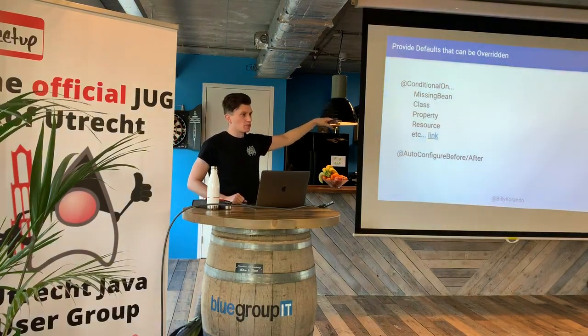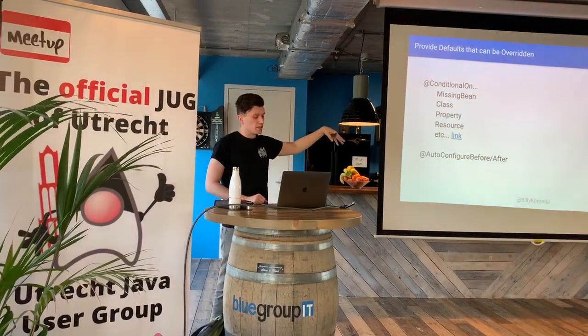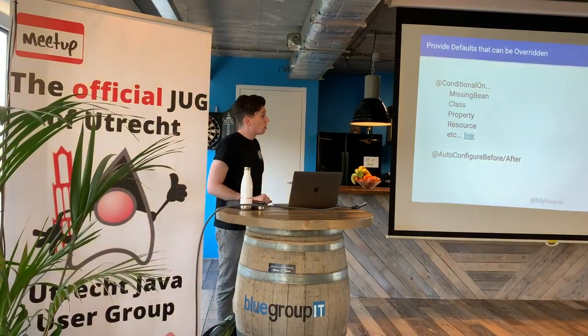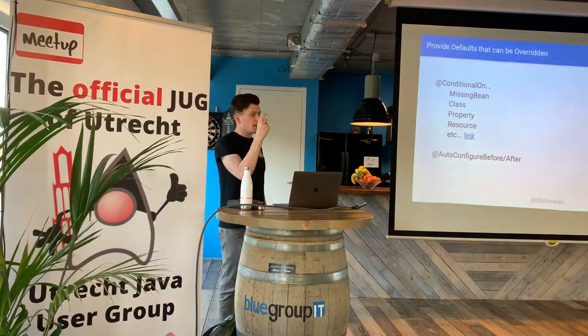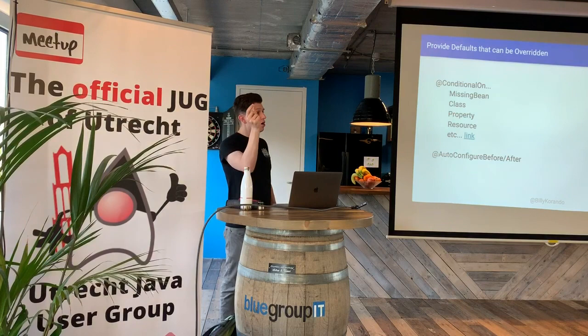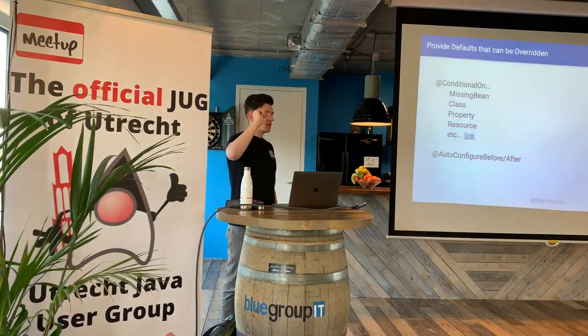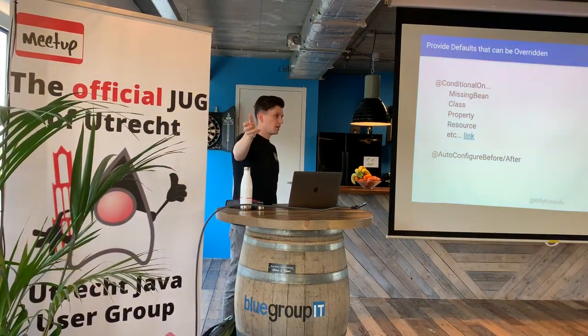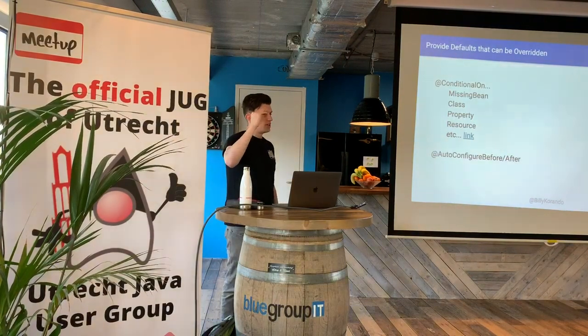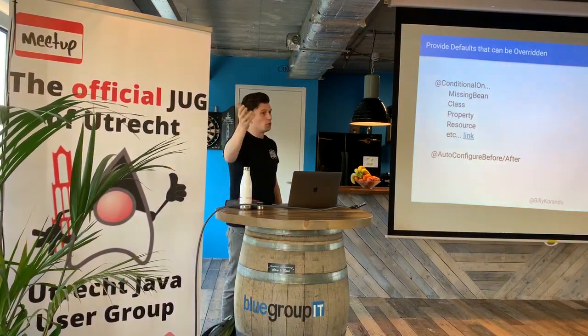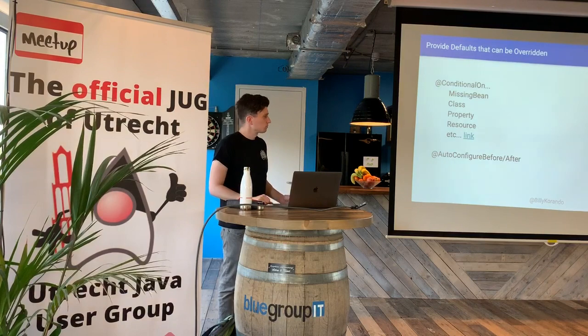You could have it by class, or by some sort of property, maybe bean type, and so on. You can have these things checked within the shared library: oh, okay, this application is talking to our Postgres database, and for that reason we need these configurations to be working.